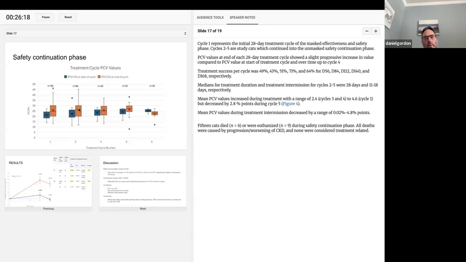None of this was statistically significant, but we did see an upward trend of their PCV data, though they never really reached a mean of 30%, the target range designated by IRIS as our goal. But we do see an upward trend within the first 4 cycles in the molidustat group.